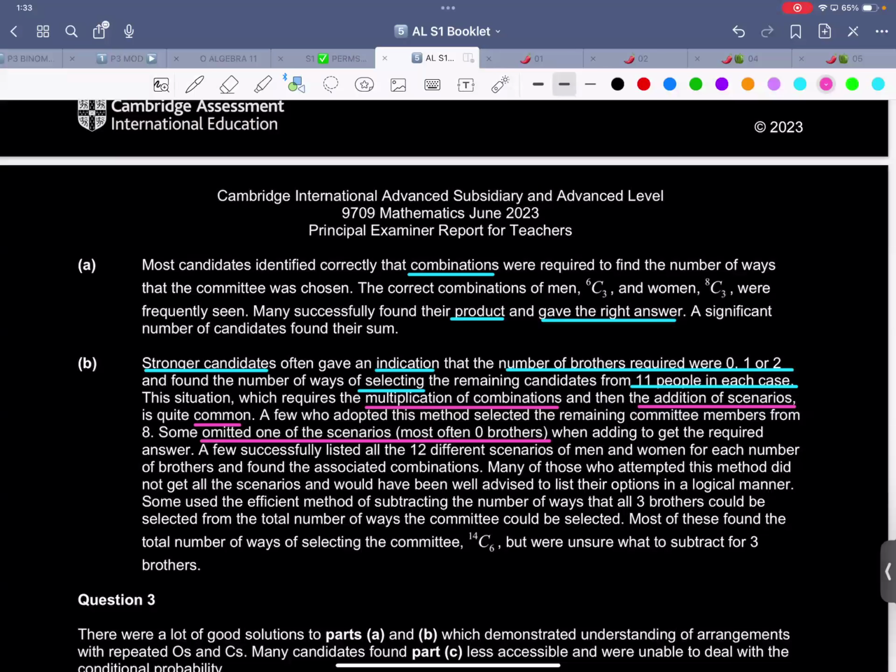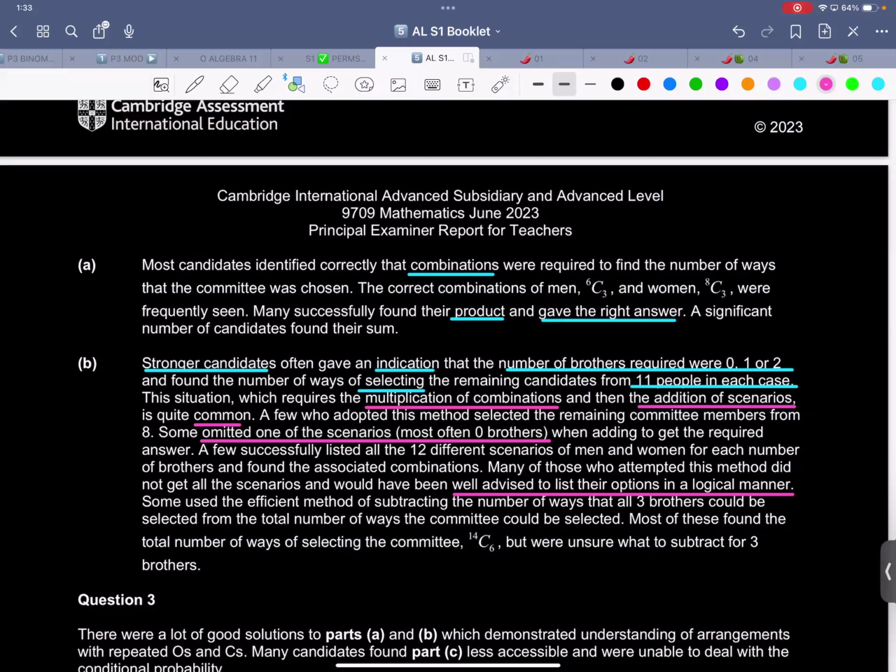A few successfully listed all the 12 scenarios of men and women for each number of brothers and found the associated combination. Why would anyone list 12 scenarios? I mean, the examiner is stating that someone listed everything out. Many of those who attempted this method did not get all the scenarios. Of course, if there are 12 scenarios, how will they get all the things correct? And would have been well advised to list the options in a logical manner.